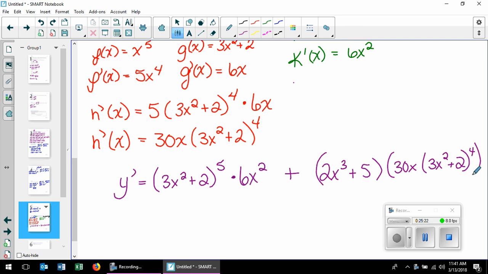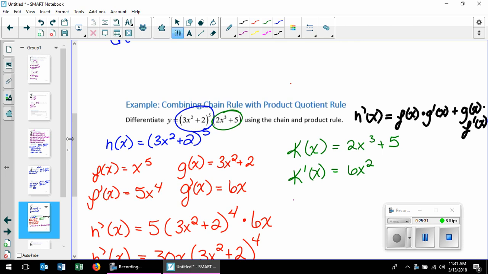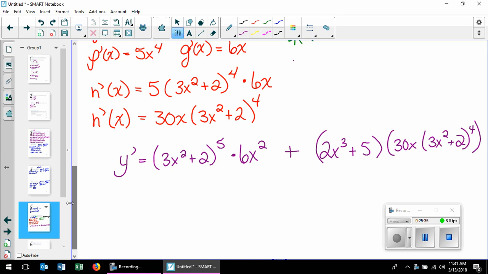I'm not going to ask you to simplify that. So that is your differential of this equation. So it's taking all of the rules that you think you know or probably know. All right, now give me your quotient rule.